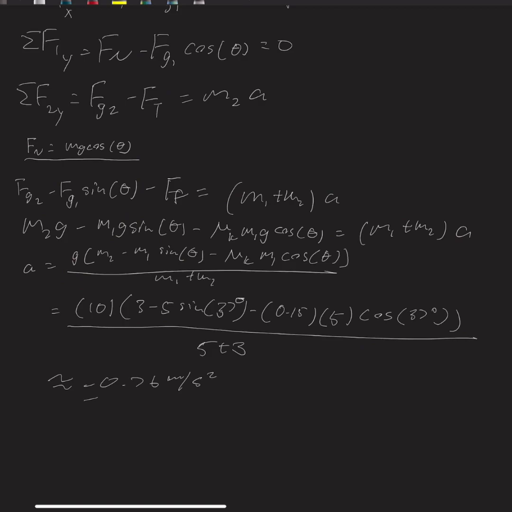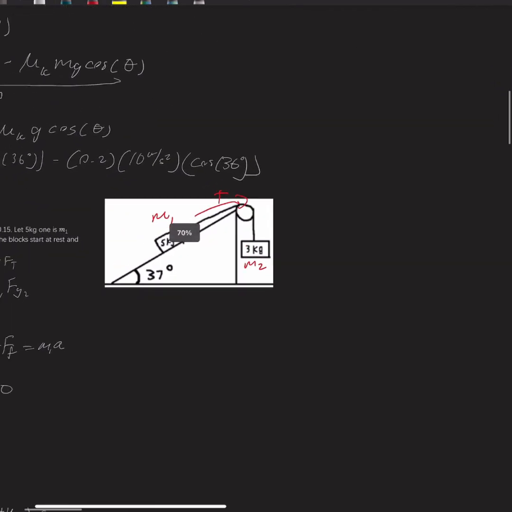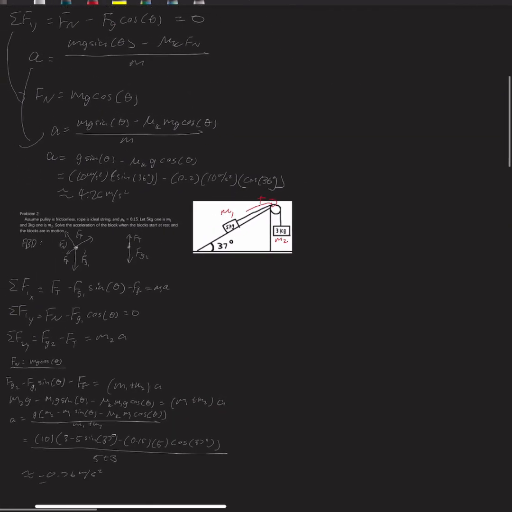We got a negative sign, which means that this object will actually go down the incline.